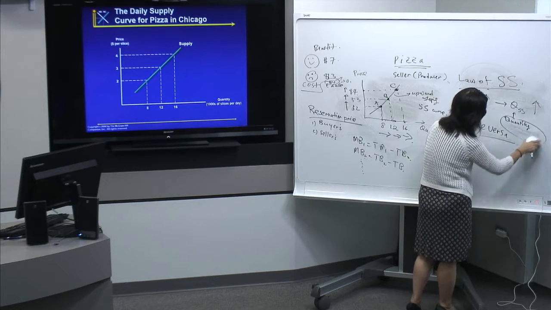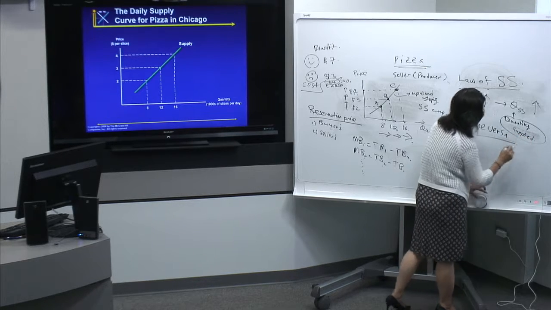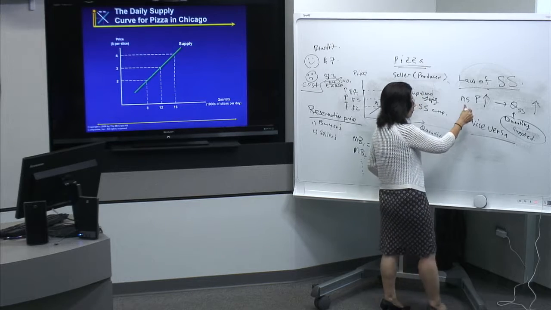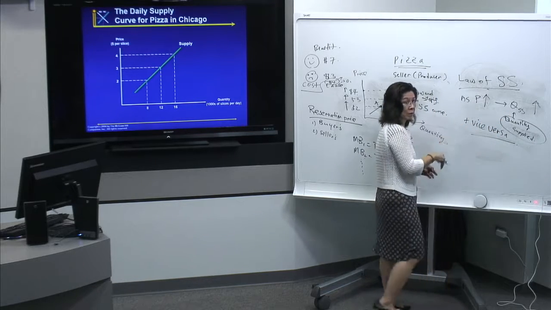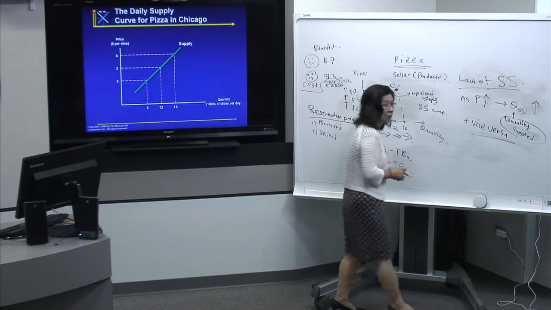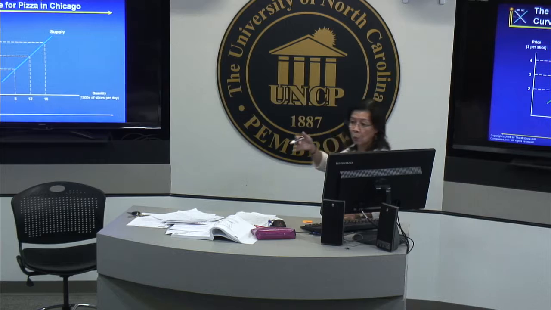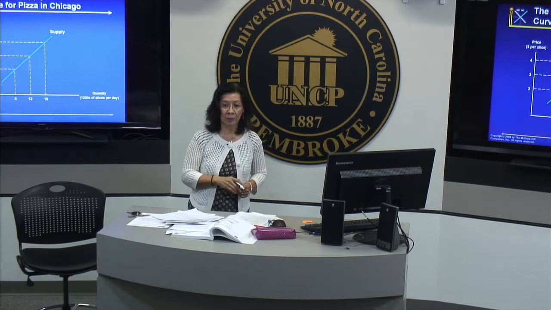Notice that they move in the same direction, unlike the case of the law of demand. If the price goes up, quantity supplied goes up because you have more incentive to supply more units. And vice versa, meaning the other way. If price comes down, quantity supplied comes down.